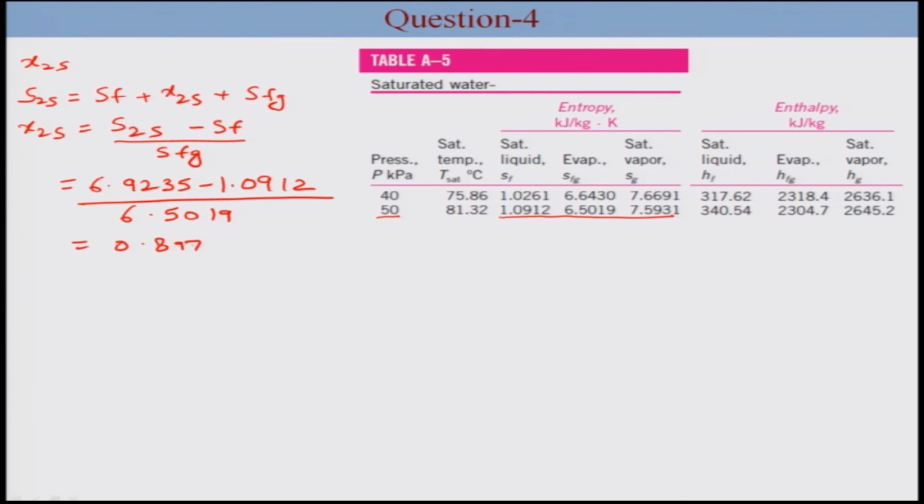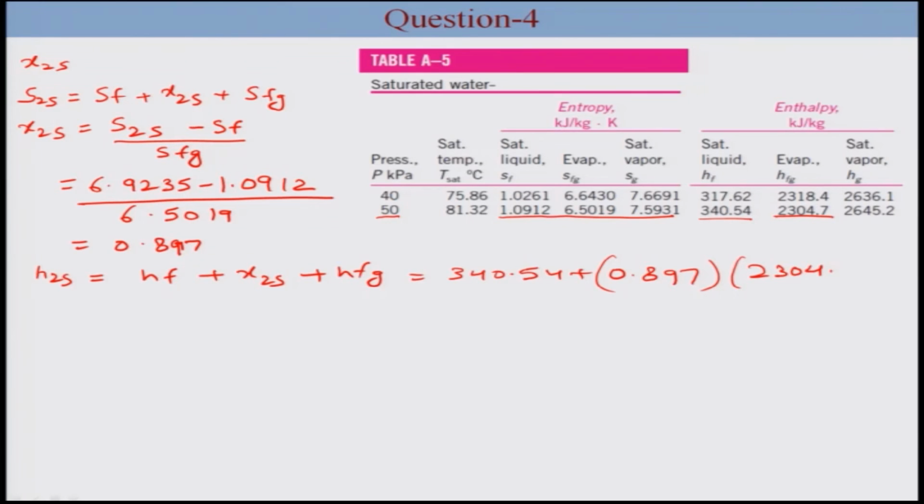Now, as we know the value of X2S, we can also calculate H2S, which is equal to HF plus X2S times HFG. HF is 340.54 plus X2S, 0.897, multiplied by HFG, which is 2304.7.